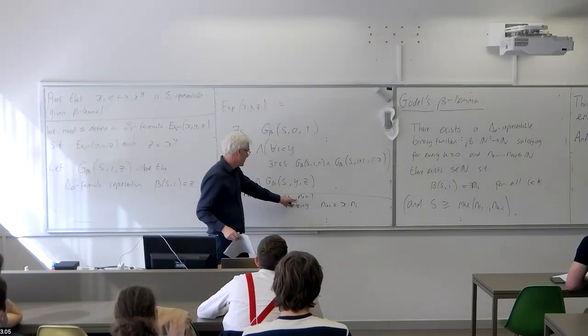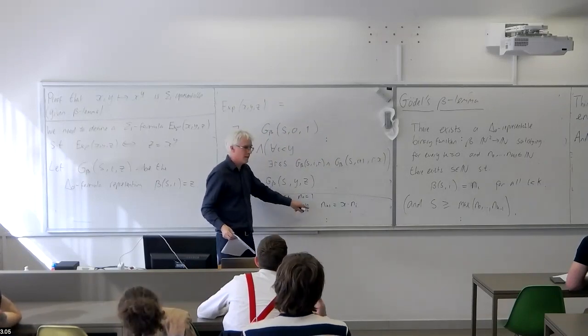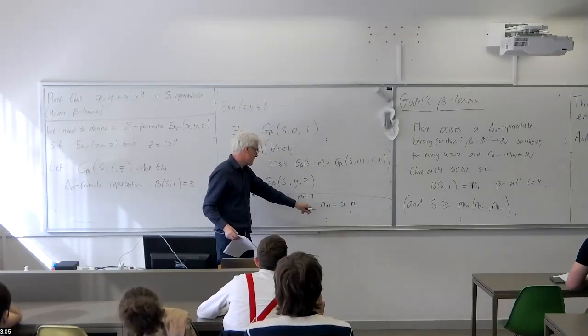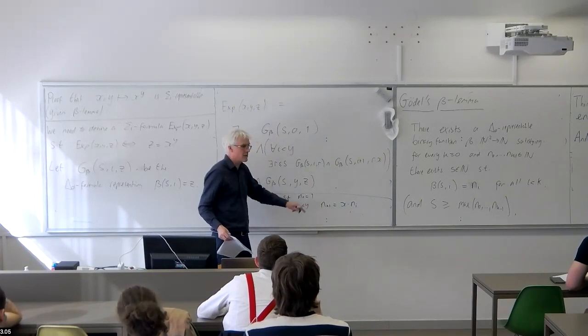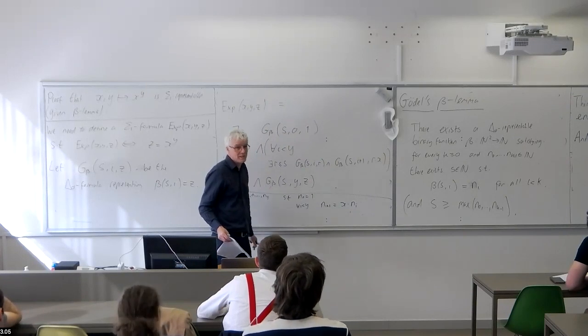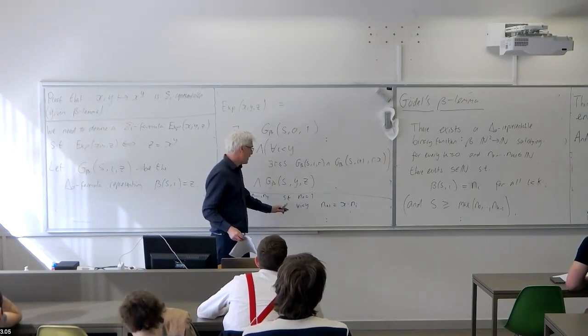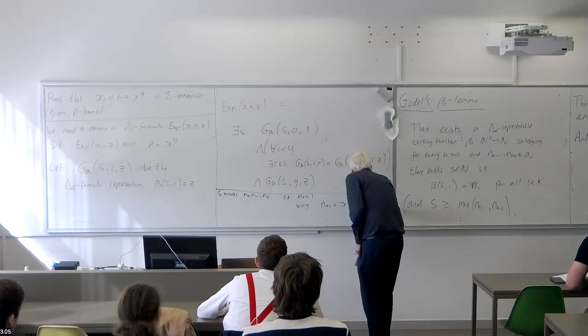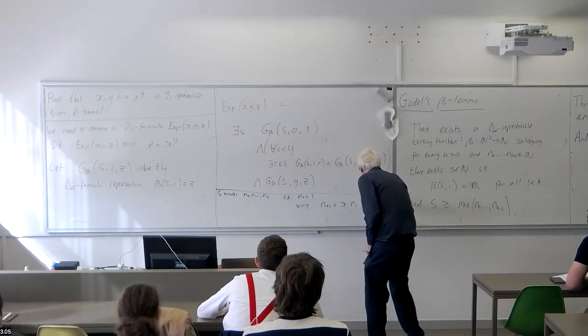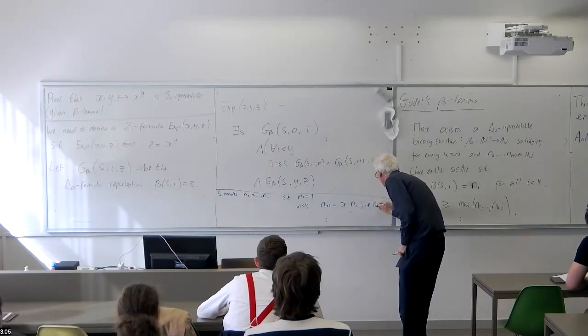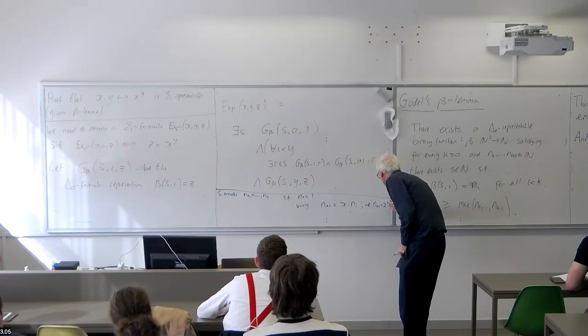So N1 is going to be X, because it's X times 1. N2 is going to be X squared. N3 is going to be X cubed. N4 is going to be X to the 4th. So N I plus 1 equals X to the I plus 1.